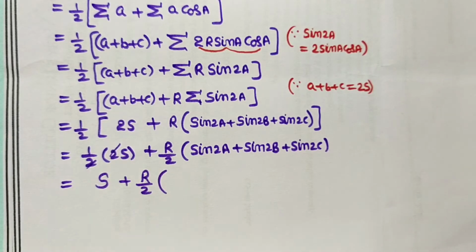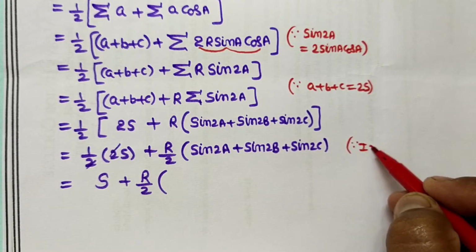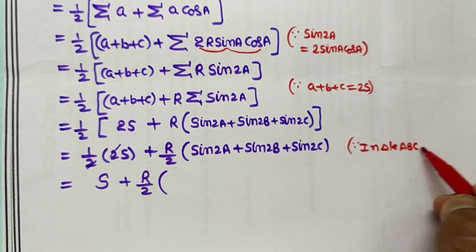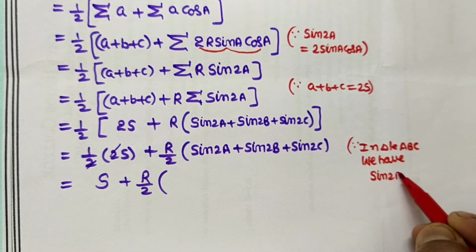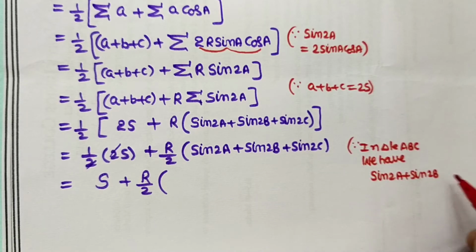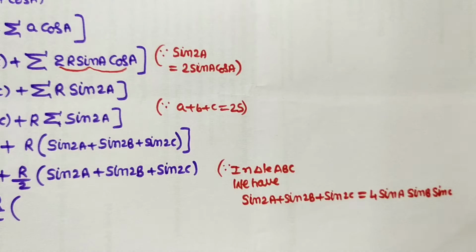In previous sessions we discussed that in triangle ABC, sin 2A plus sin 2B plus sin 2C is equal to 4 sin A sin B sin C. This formula comes from transformations in trigonometry.